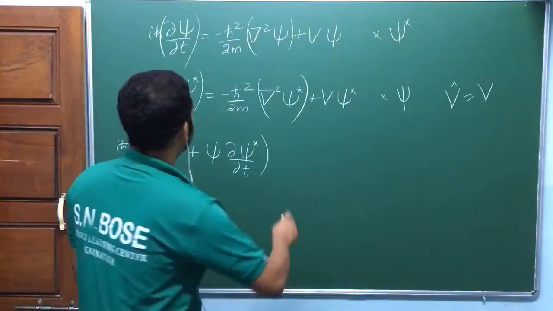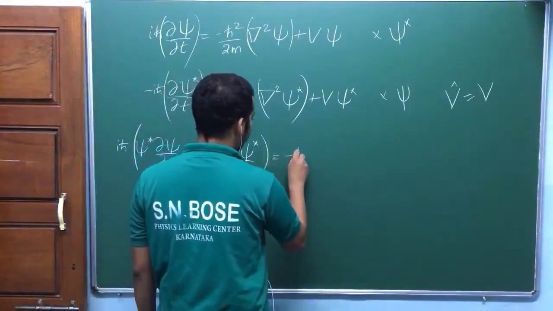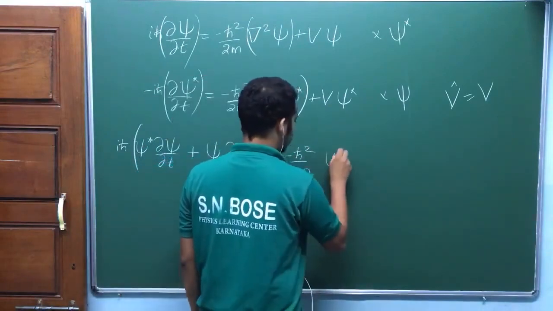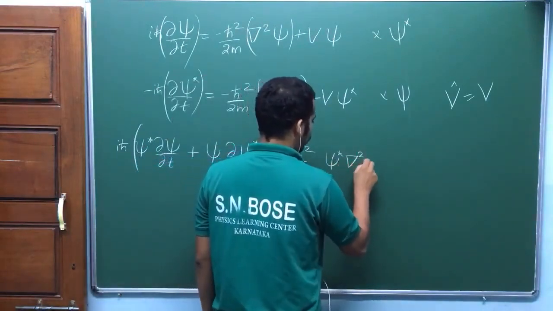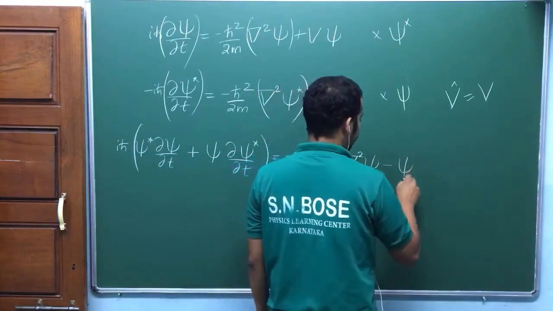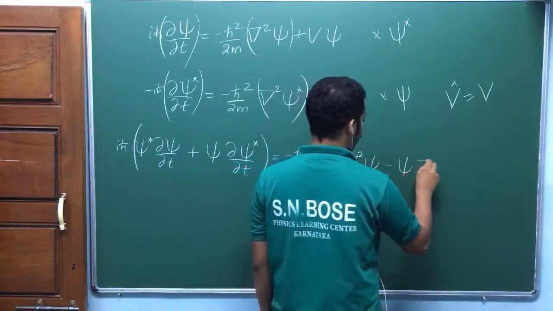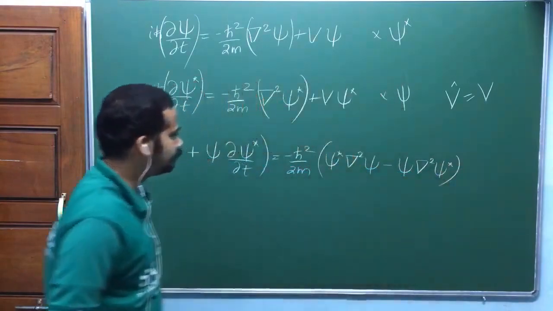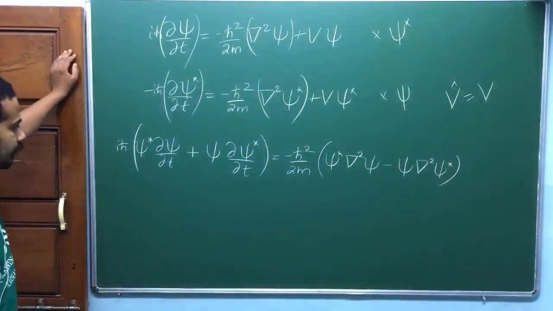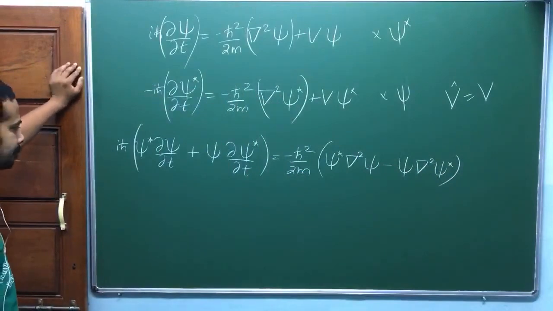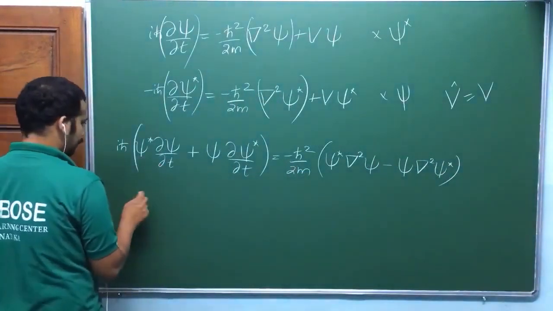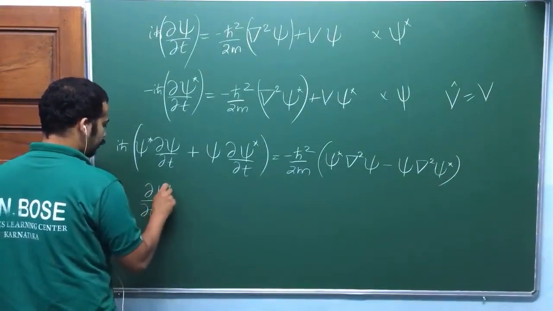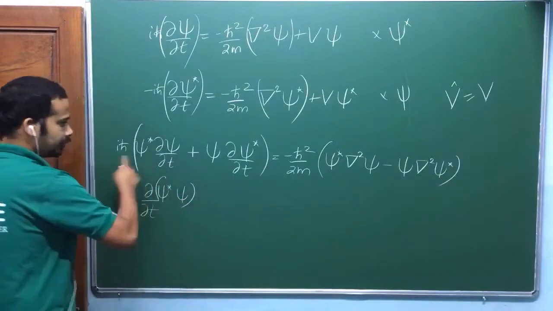So this is equal to minus h bar square by 2m, psi star del square psi minus psi del square psi star. Now what I can write here: dou by dou t of psi star into psi, this whole thing.